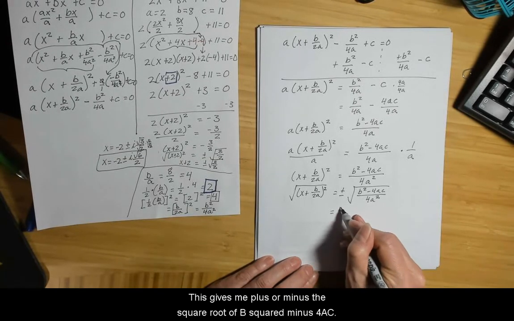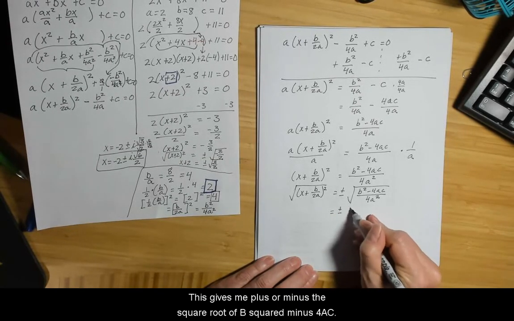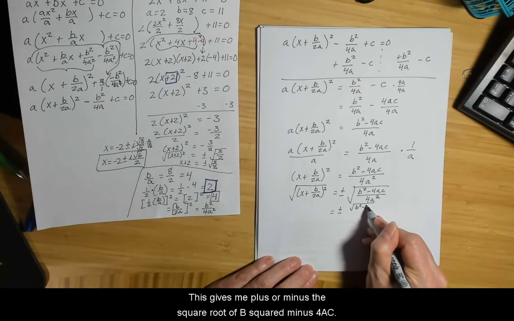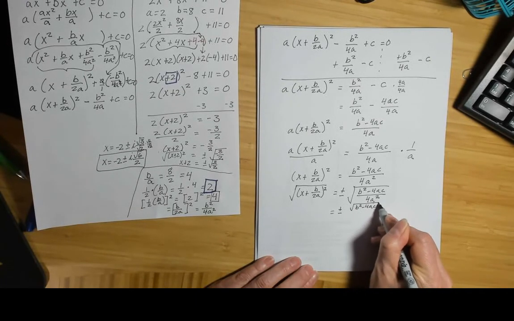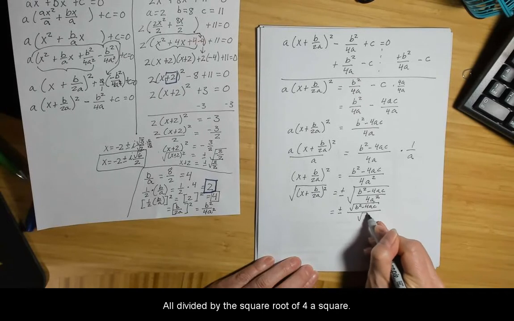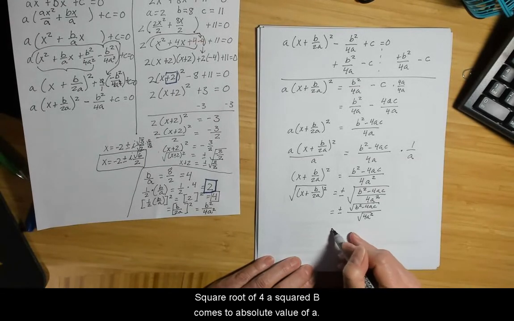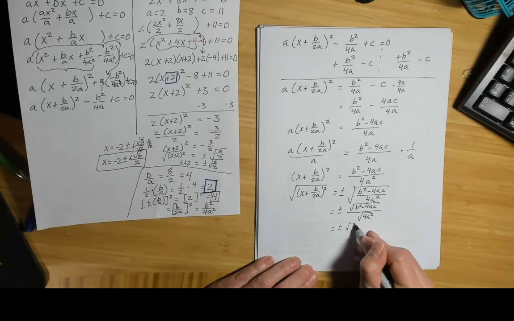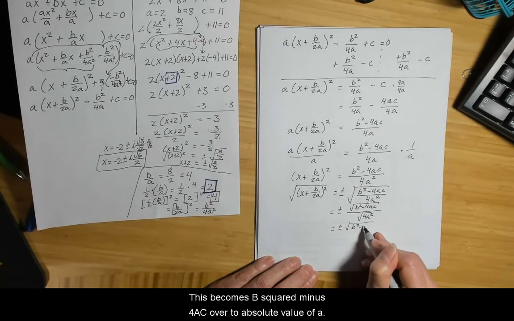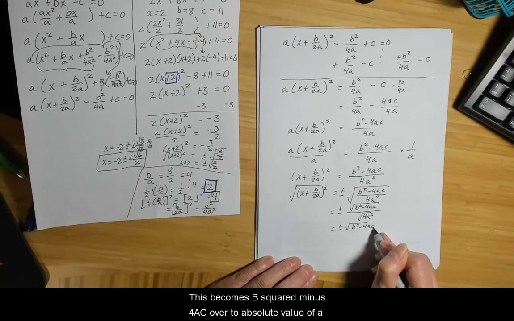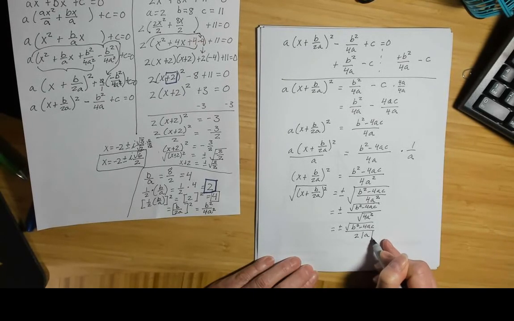This gives me plus or minus the square root of b squared minus 4ac, all divided by the square root of 4a squared. The square root of 4a squared becomes 2 absolute value of a. This becomes the square root of b squared minus 4ac over 2 absolute value of a.